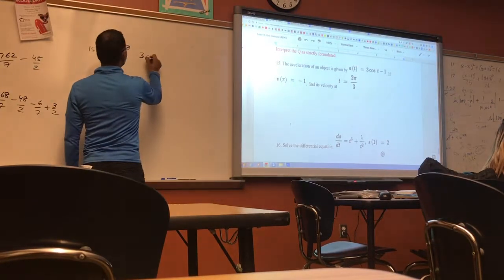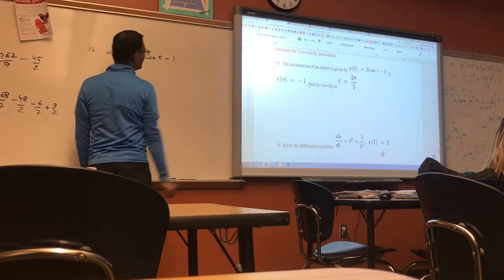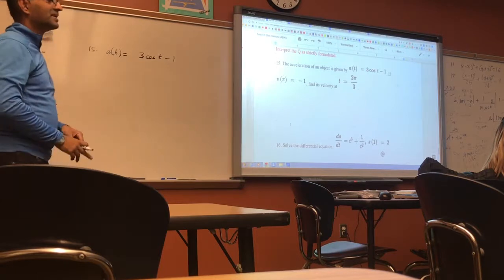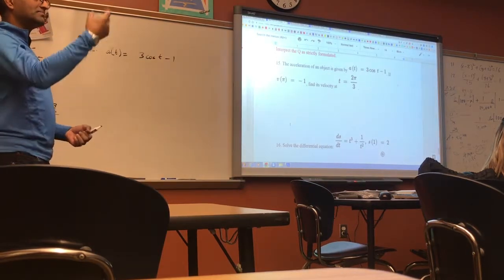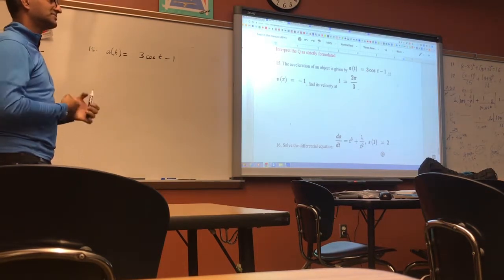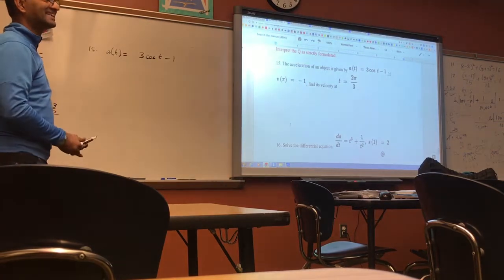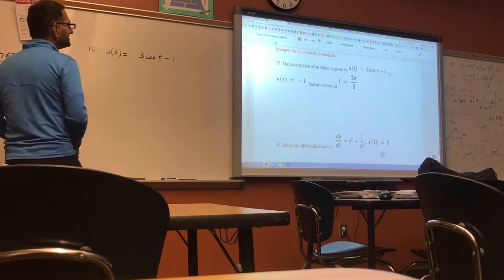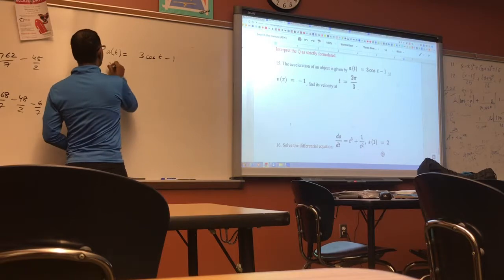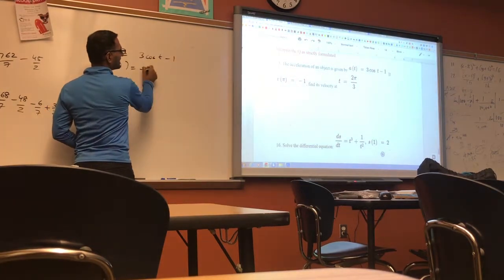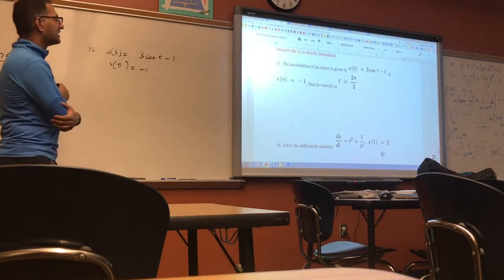It says 3 cos t minus 1. Okay, and I say v of pi, the velocity at pi, is -1. The question says find the velocity at 2 pi over 3.